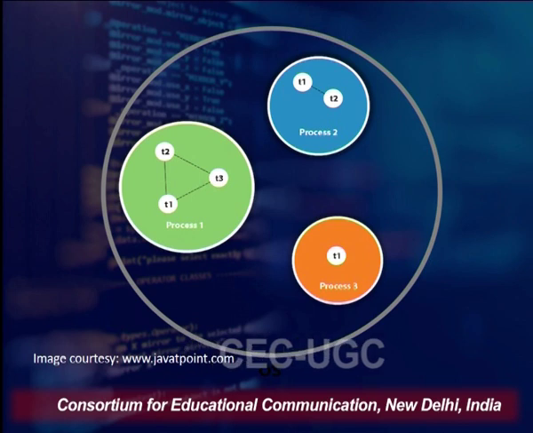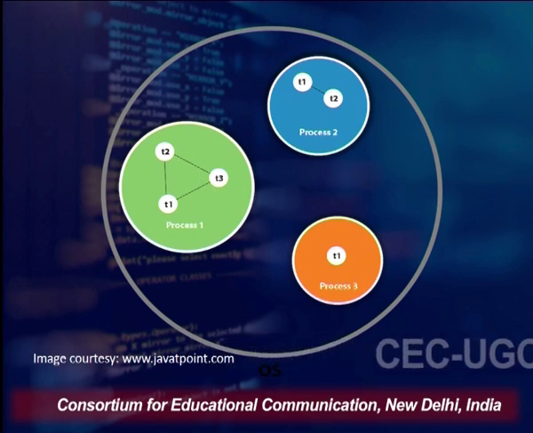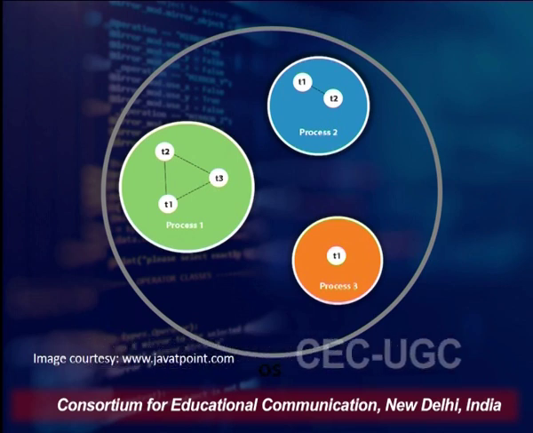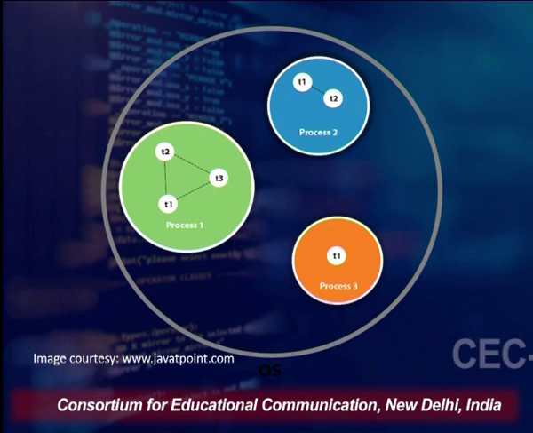Within this green colored process, T1, T2 and T3 have connections between them. These connections depict that they belong to the same address space, and they are ready to cooperate with each other.